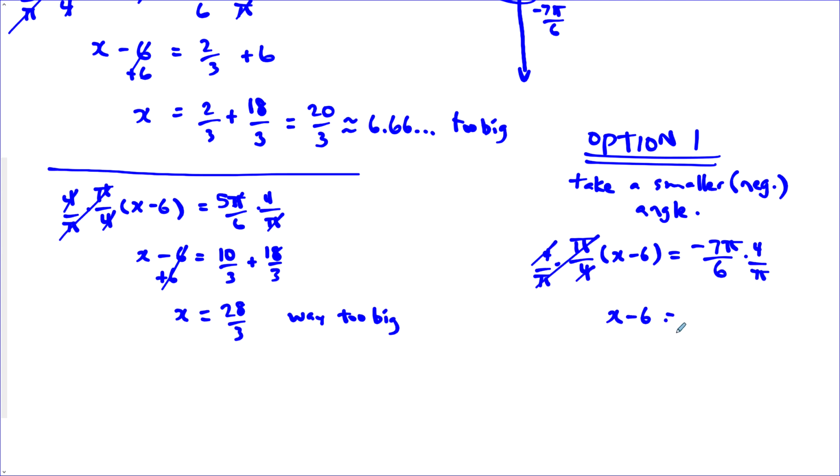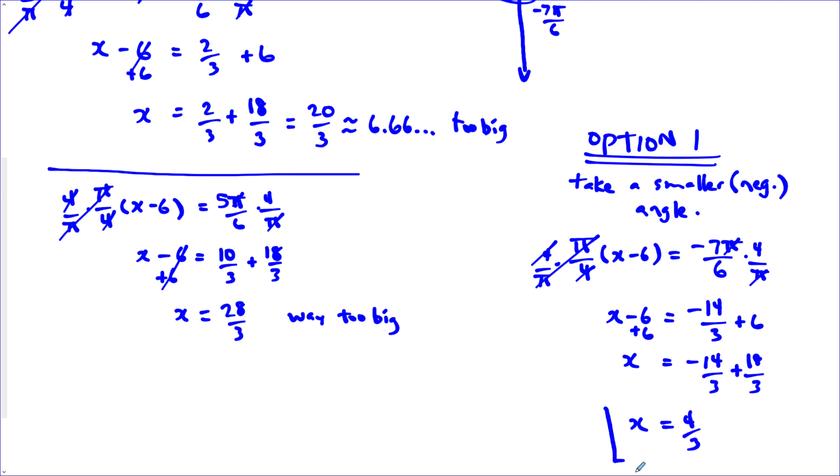X minus 6 is equal to, pi's cancel, 2's cancel, so negative 14 over 3. We'll just add the 6 on both sides. On this side I'll add 6, which is 18 over 3. And then 18 minus 14 is 4 over 3. And we actually have the solution that we found earlier graphically.